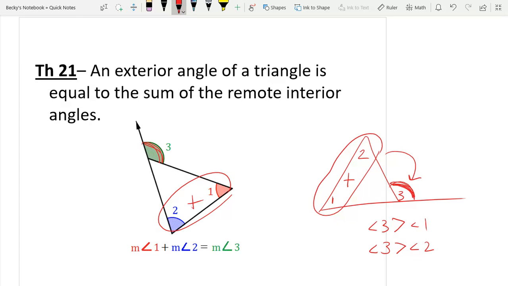Again, your chapter 5 and 6 tests are together, so you have to make sure you understand the difference between the two. This is from chapter 5. Let me grab my theorem sheet. Okay. Let's find it. It's here somewhere.